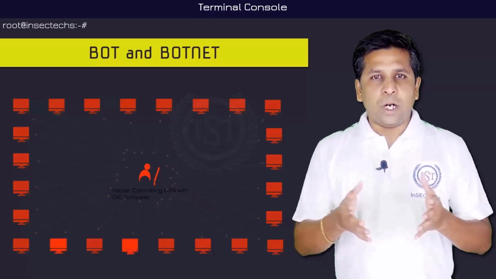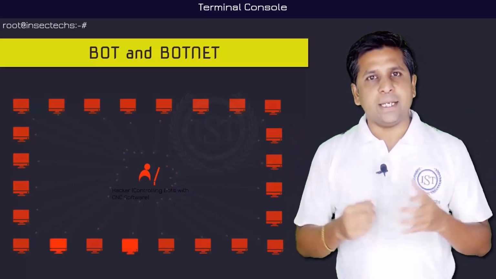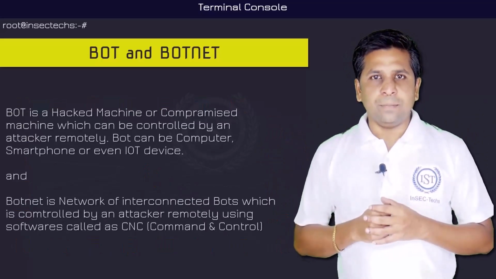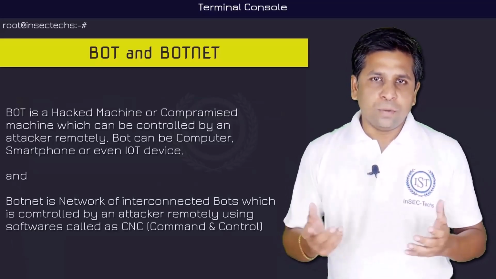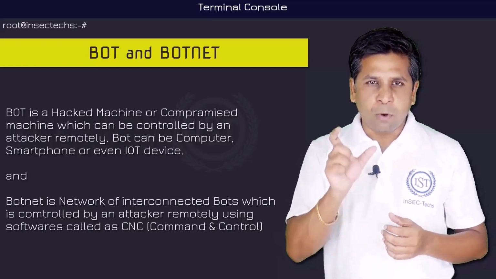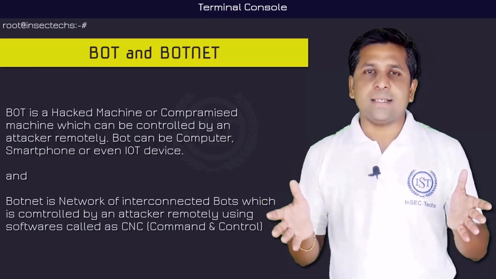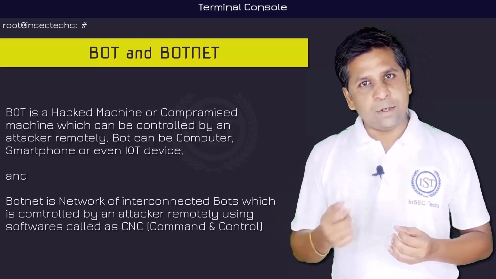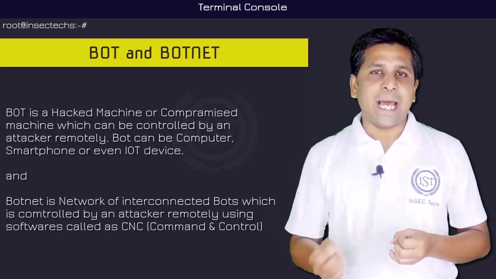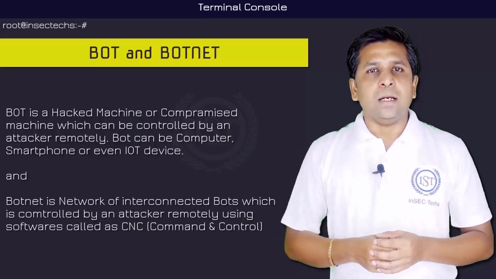A bot, or the entire botnet, is controlled by an attacker using CNC software, that is command and control software. The compromised computer or bot could be your computer, smartphone, or even an IoT device. That means a compromised IoT device, which is a single bot, can be part of a bot network, a botnet.